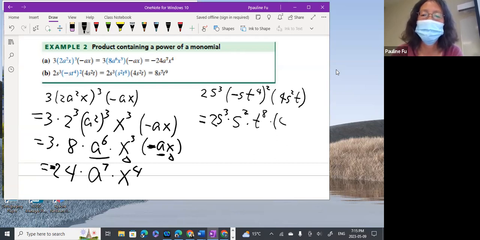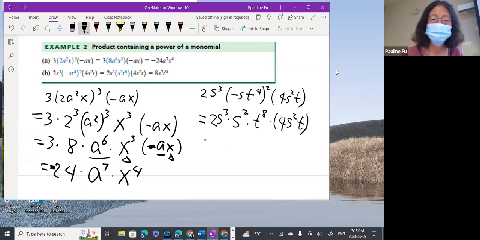Then copy down 4s squared t. Next, 2 times 4 equal to 8.